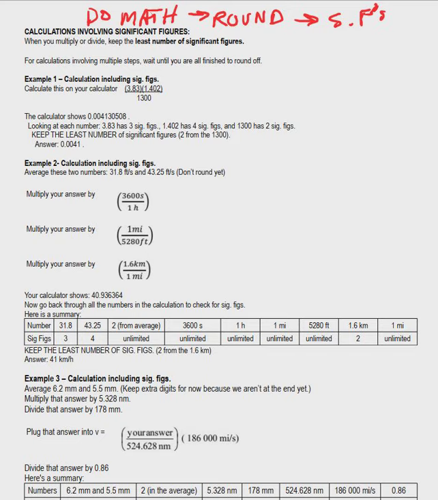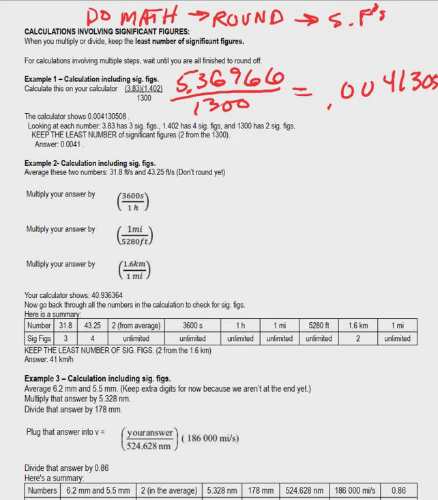So we're going to do 3.83 times 1.402 equals 5.369666, divided by 1300 equals 0.004135.